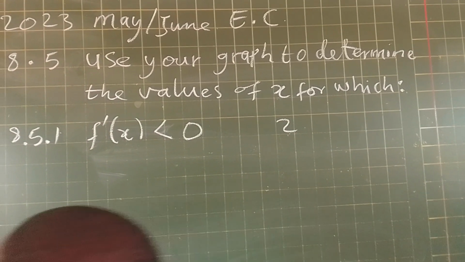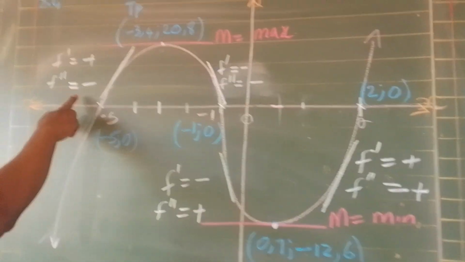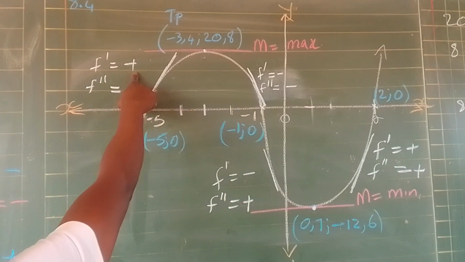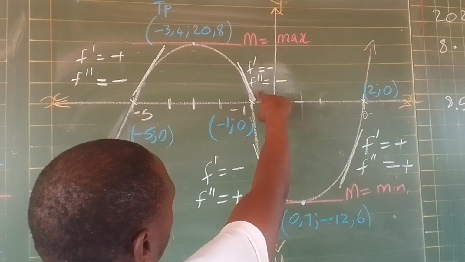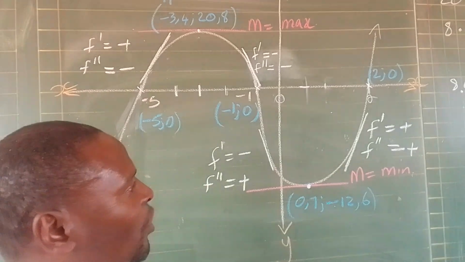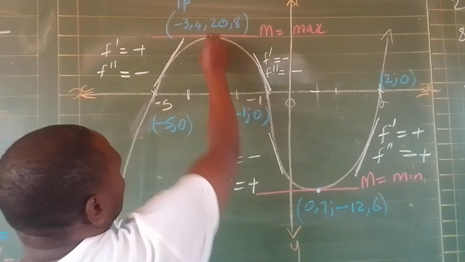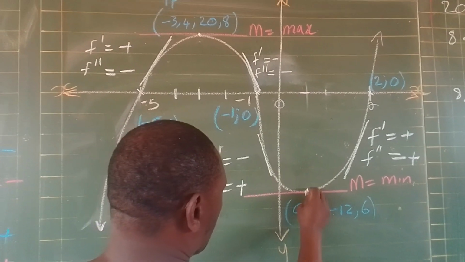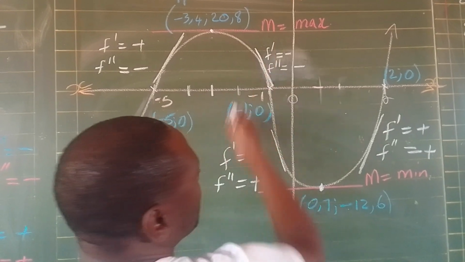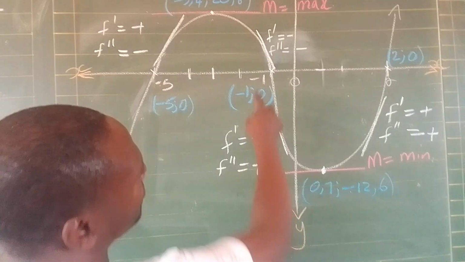Now if we check the derivative of the graph, when we derive this graph, we find that the first derivative is positive here, is negative here, is negative here, is positive here. So they want all the x values. So we start finding that x from here to here is where f dash x is negative.